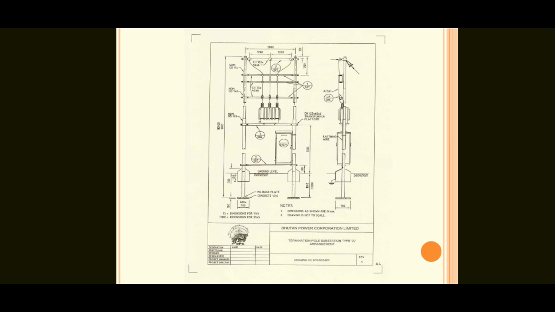For voltage rating, here the 200 kVA or more than that requires a plinth mounted transformer substation. The main aim is to step down higher voltage to lower voltage.